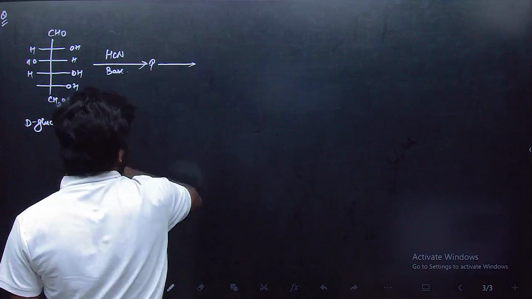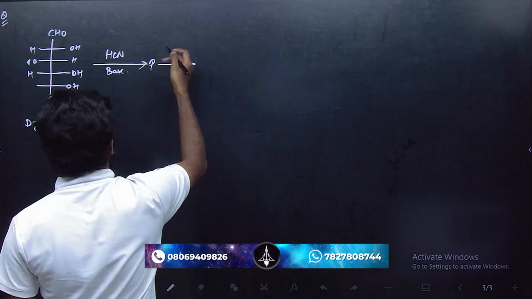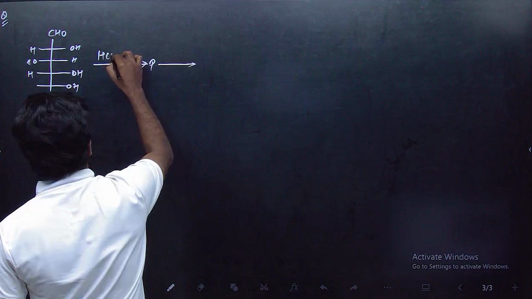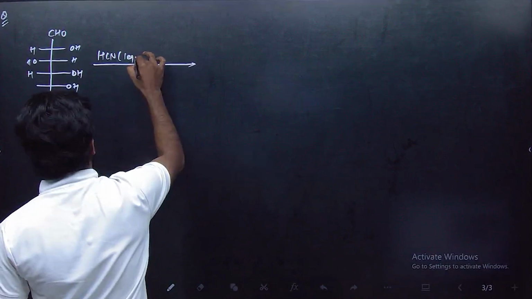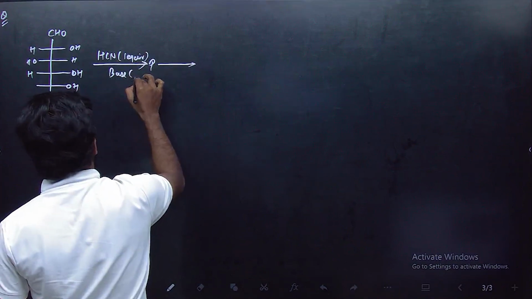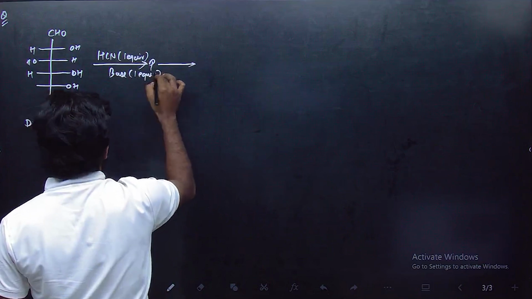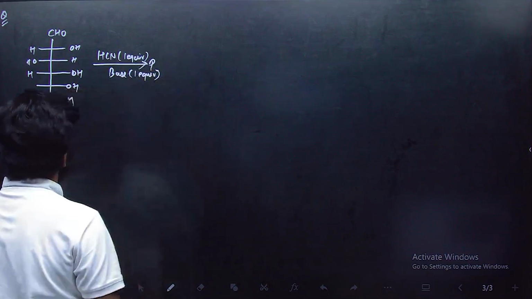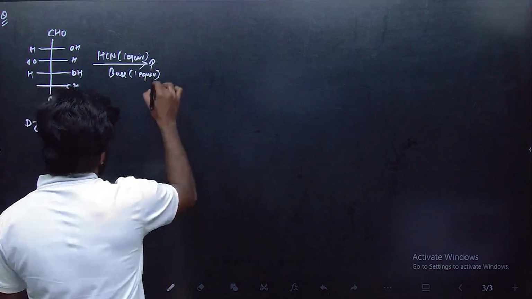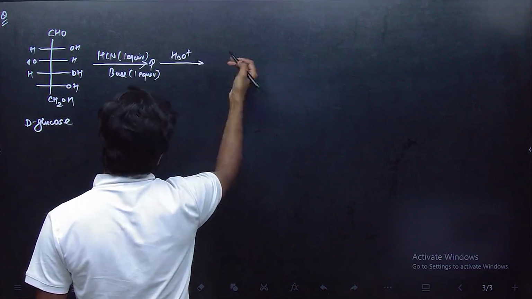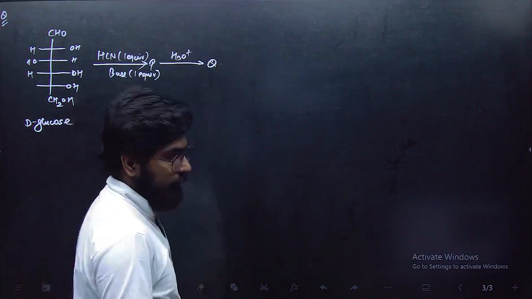And obviously, you can write this as HCN as one equivalent, and this base also as one equivalent, right? So you get P ultimately, probably. And ultimately you hydrolyze it so as to give out the proton to any needed species, you get Q.